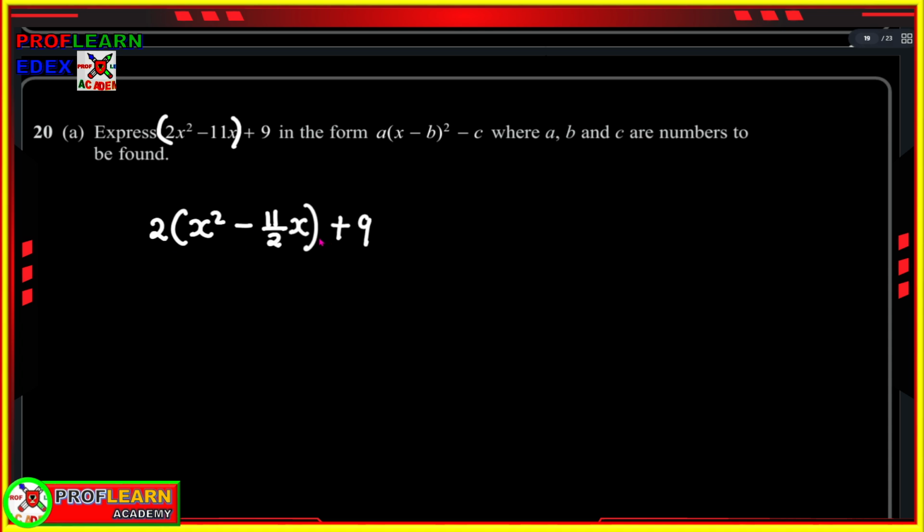So which means that we can now complete the square, for whatever we are having inside the bracket. So we shall have 2 into x minus 11 over 4 squared minus 11 over 4 also squared.